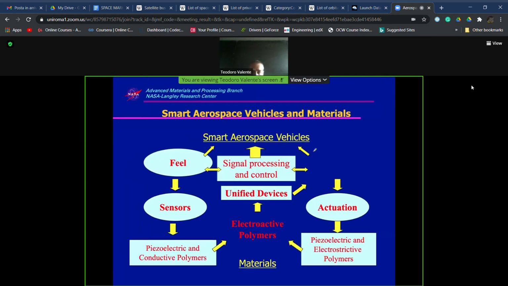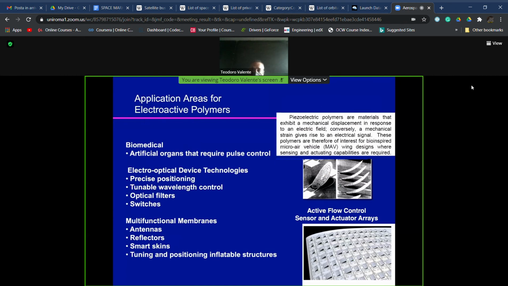Or you could have, for example, let's go here, the possibility to modify profiles of wings by using, in this case, polymer-based piezo materials, which can assume specified forms depending on the current intensity forced to flow inside the piezo itself.